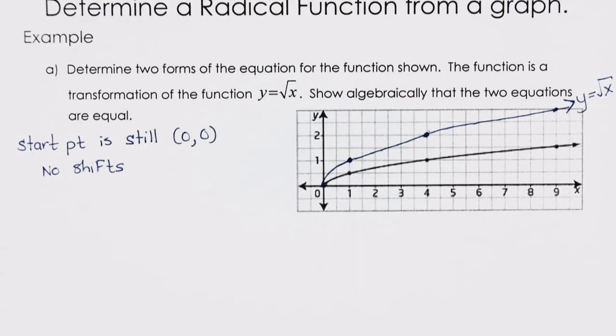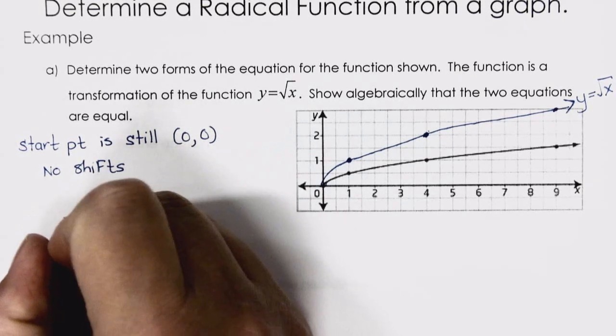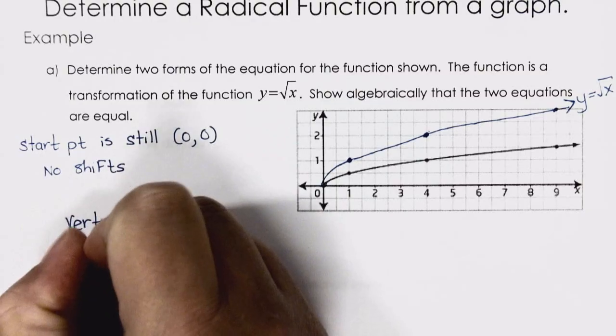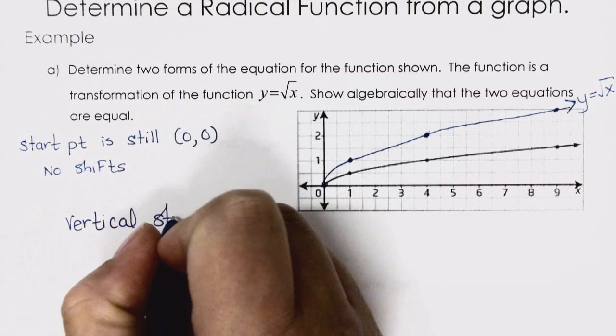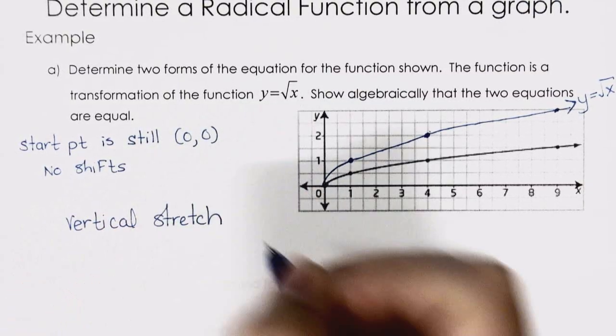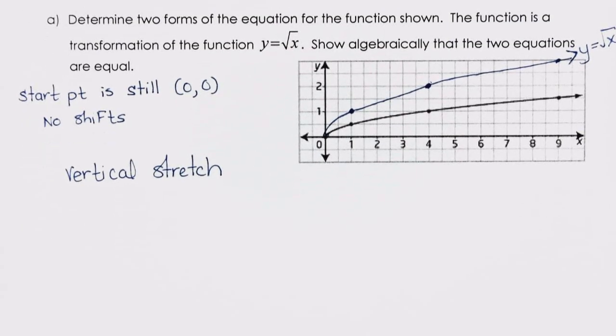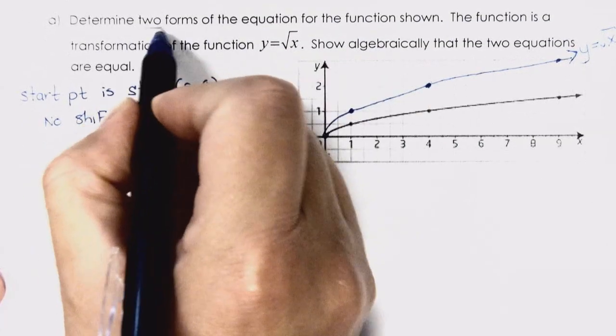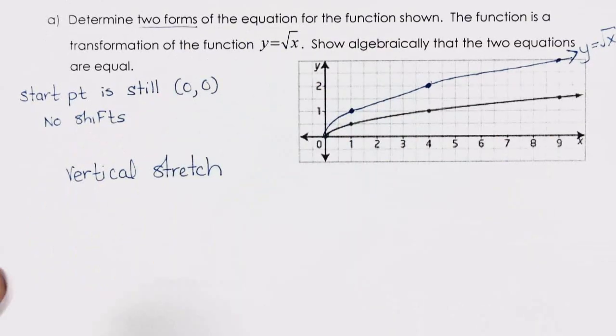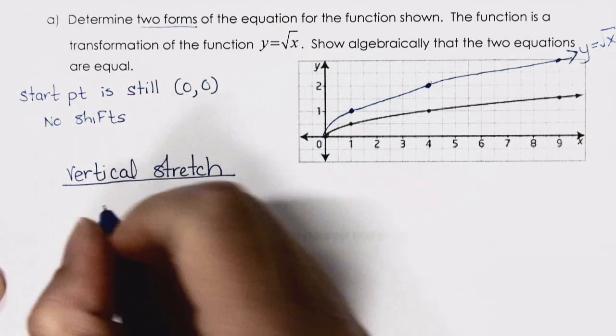Okay, so you guys are talking about a vertical compression. We're getting squishier. So we want one with a vertical stretch. What letter is associated with a vertical stretch? A. Okay. So determine two forms of the equation. We're going to do one with just a vertical stretch.